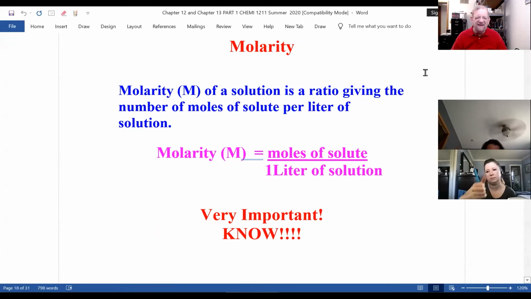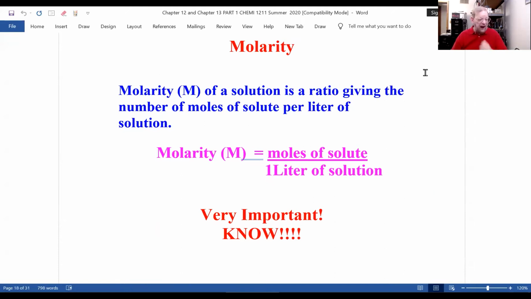Thank you. All right. On Monday, I started talking about one of the ways we can measure and determine concentration of a solution. Concentration is how much of a certain solute is in a given amount of solution. And the most important one for chemists is molarity.